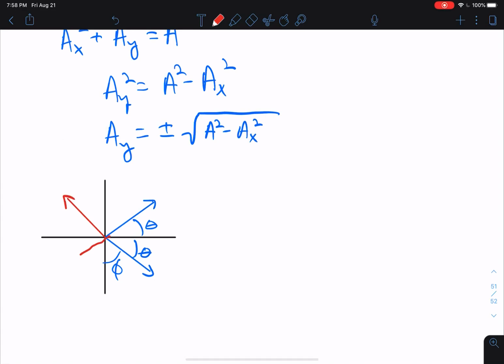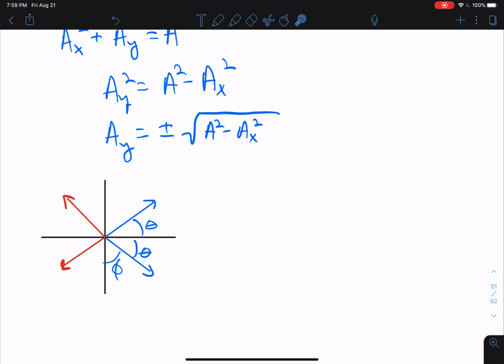It's roughly correct. Or it could be down here. There we go. So if my vector had a positive y component, then this is the negative of the vector. If my vector had a negative y component, then this is the negative of a.